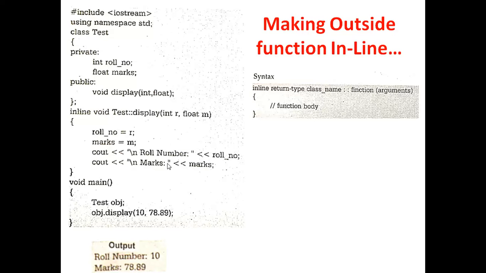Here we have declared two variables r and m, and the value of r is put into the roll number variable and the value of m is put into the marks variable. Afterwards we are using cout for displaying the roll number and marks accordingly.